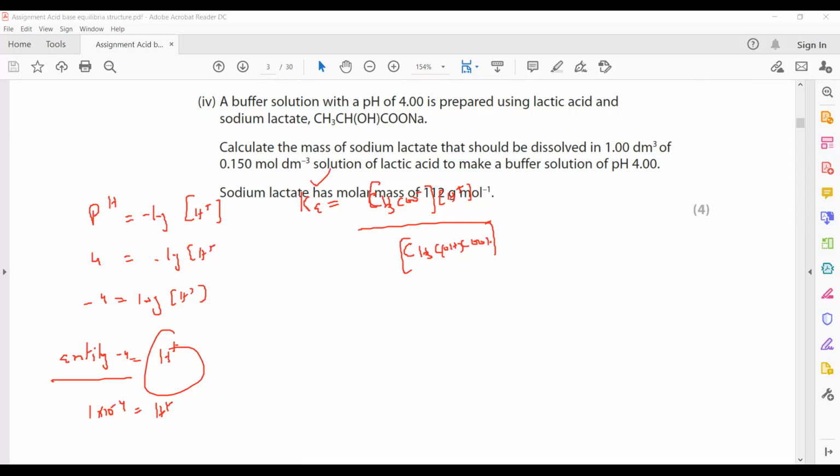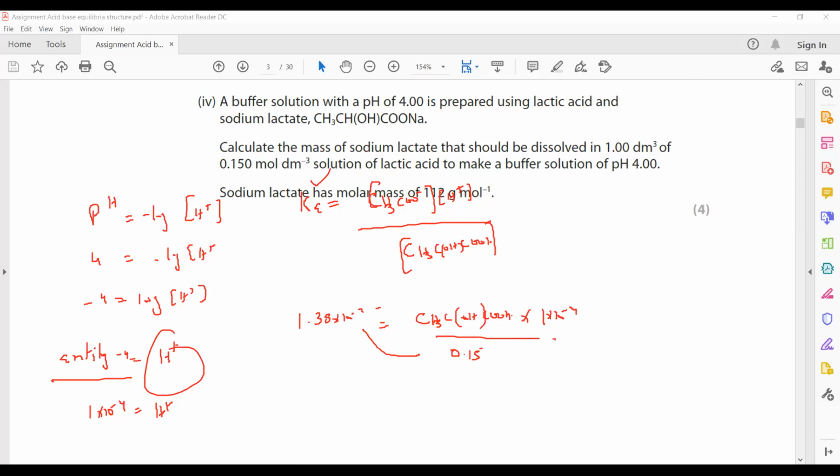We have Ka, the dissociation constant, which is 1.38 into 10 to the power minus 4. We don't know the concentration of lactate ion. We know the concentration of hydrogen ion, which is 1 into 10 to the power minus 4, divided by the concentration of acid. It's given, 0.15.